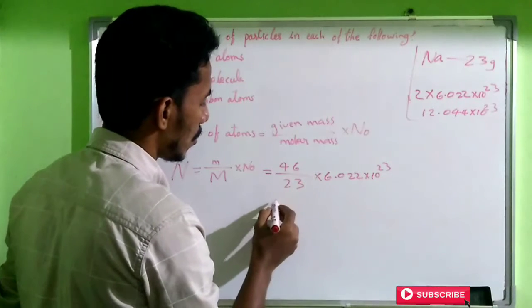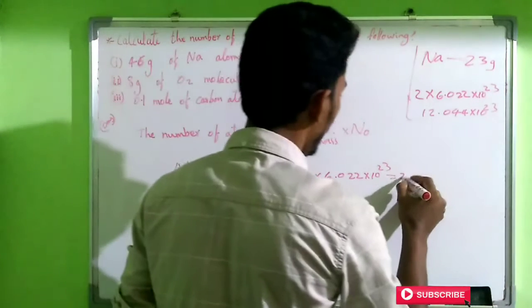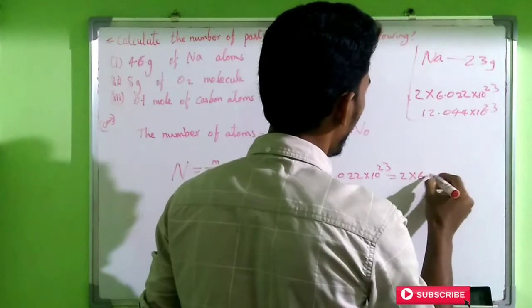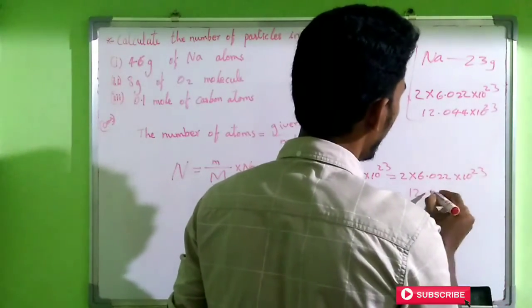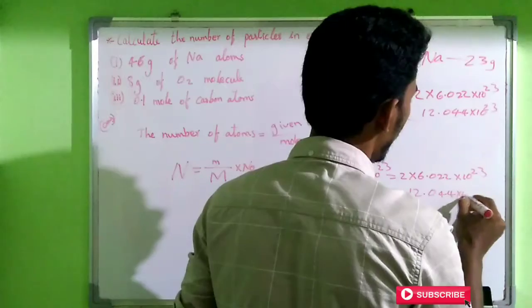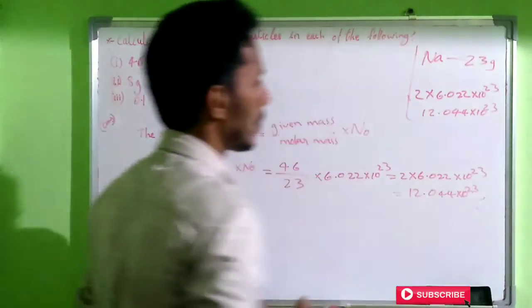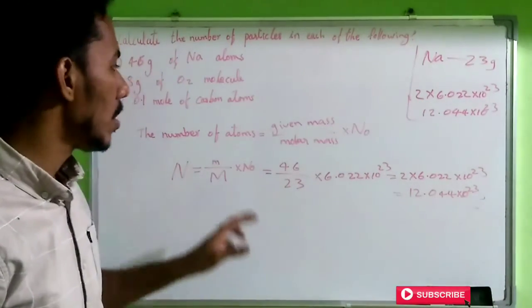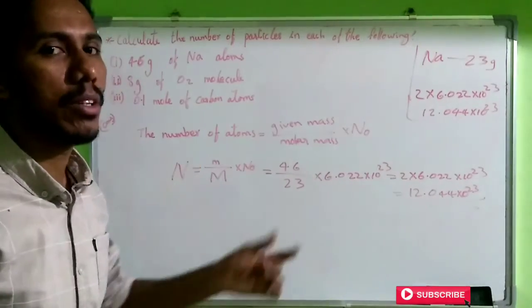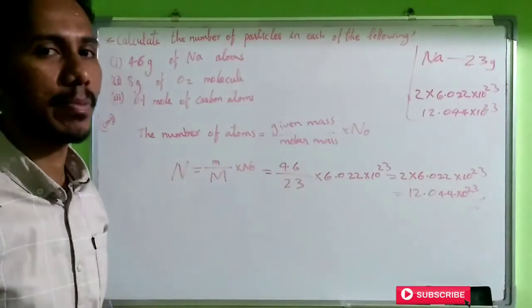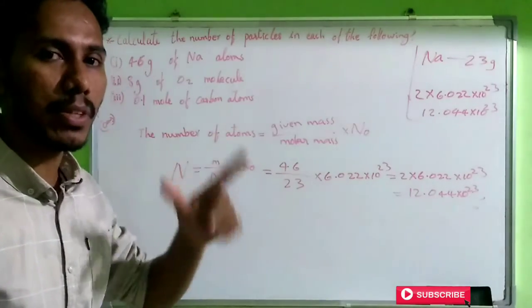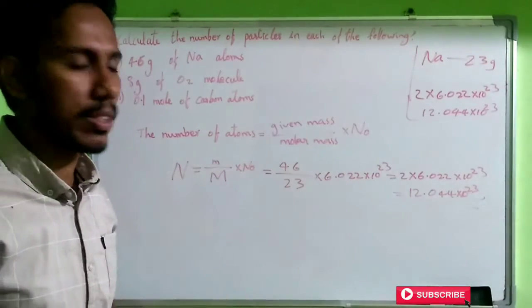Then the answer is 2, so 2 into 6.022 into 10 raised to 23. The answer is 12.044 into 10 raised to 23. If you study this equation, then you will get it. Otherwise, you can think and find the answer. Use whichever is the simplest way for you.